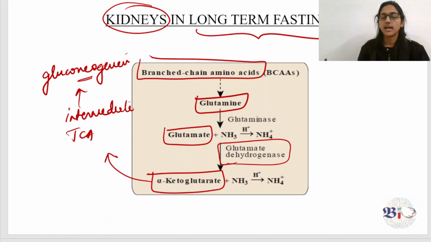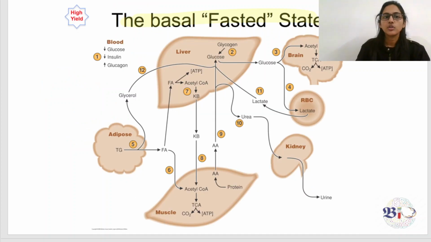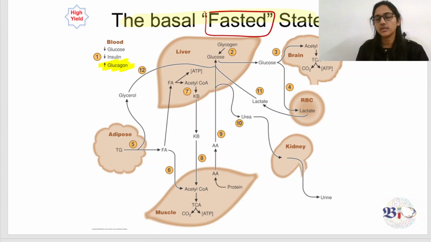All right, so these are the different organs. What are the different organs that we saw? Liver, adipose tissue, skeletal muscle, brain and kidneys. Right. So let's see an integration of all this metabolism which happens in the fasting state. Here the hormone which is important in the fasting state is what? Glucagon. Glucagon will be increased in the fasting state.